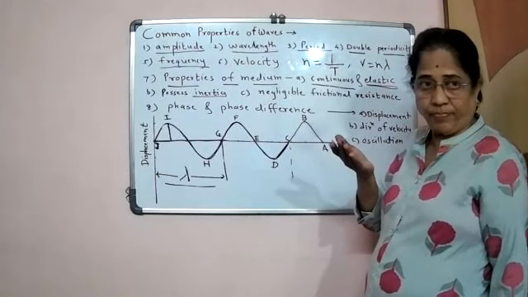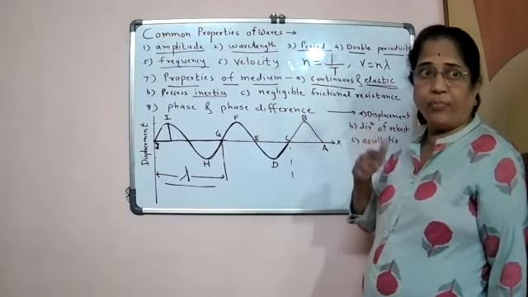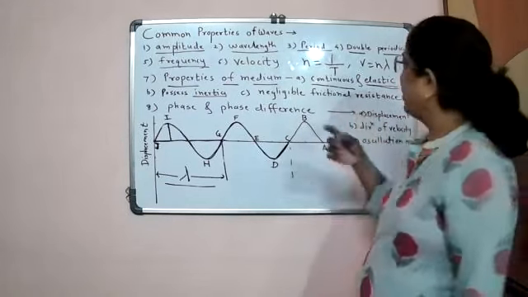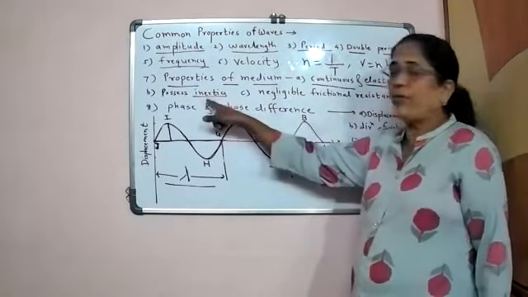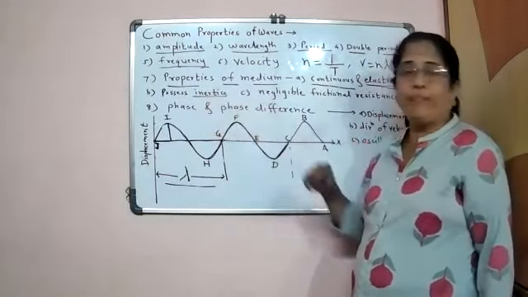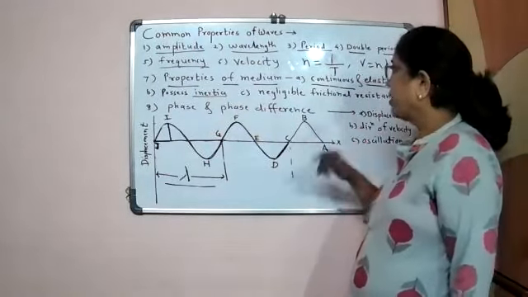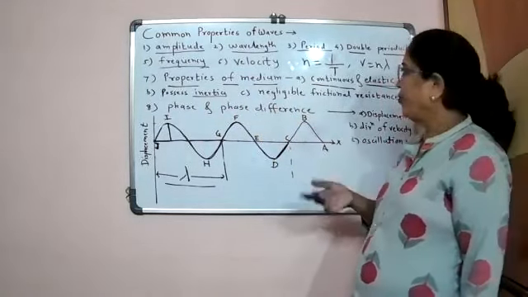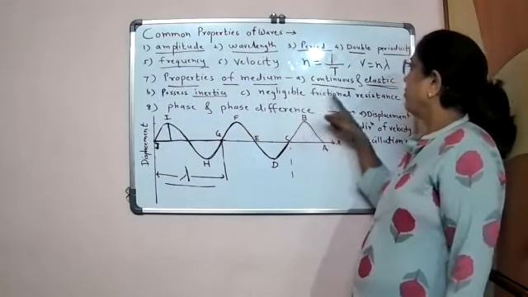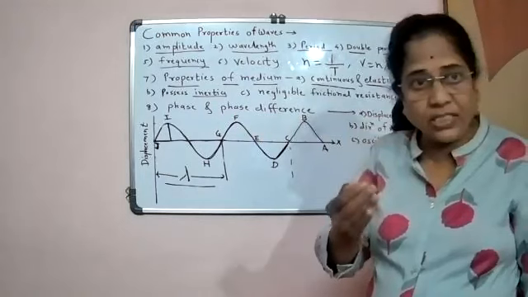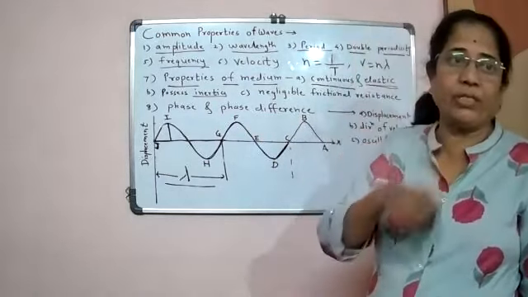Second property काय पाहिजे त्या medium कडे, it must have inertia. And then next, negligible frictional resistance. त्याचा फ्रिक्शनल रेजिस्टन्स निग्लिजिबल पाहिजे, कमीत कमी पाहिजे.